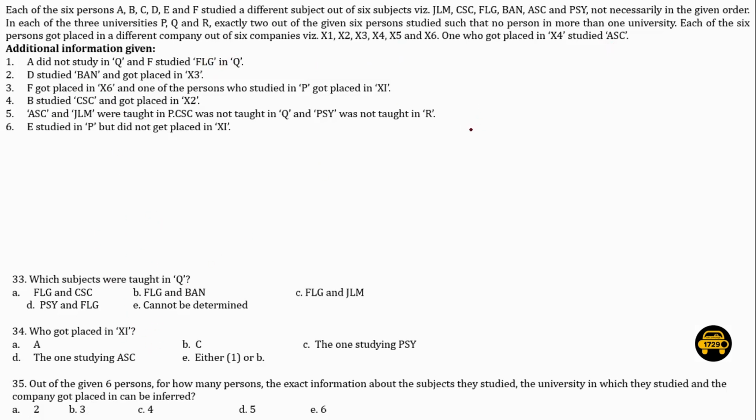So the best way to go about such a question is to make a table, and we don't fix anything in the table, we just write the names of the columns. So what do we know about these people? We know the name, then we know the subjects, then we know the university, and then we know about the company they are placed in.